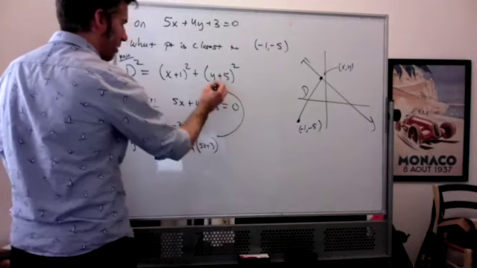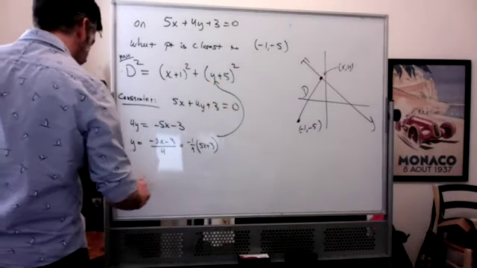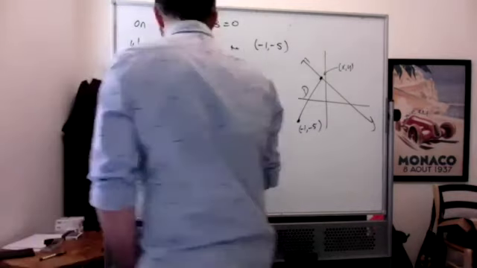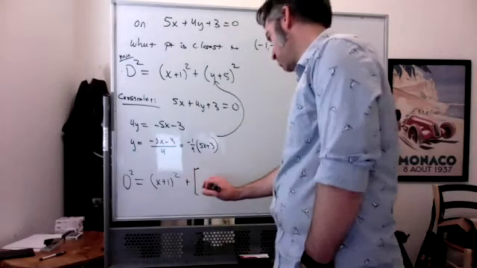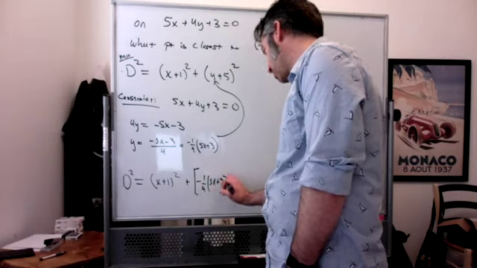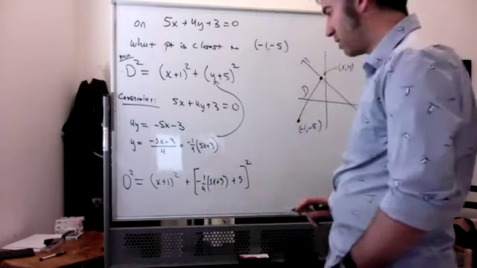Jam that in there. So then the thing I'm trying to optimize is (x plus 1) squared plus, it's going to be gross, (-1/4 times (5x plus 3) plus 5) squared.